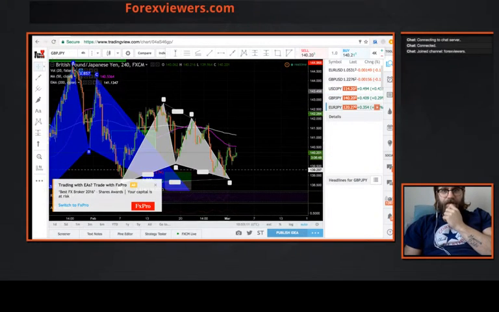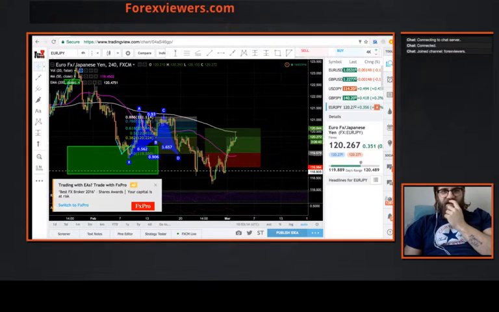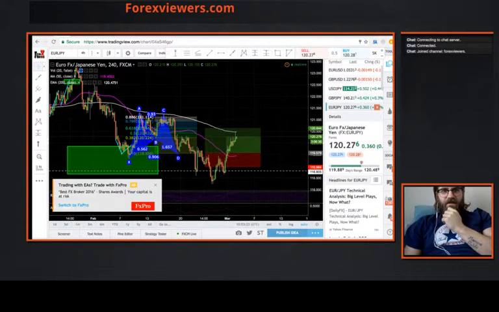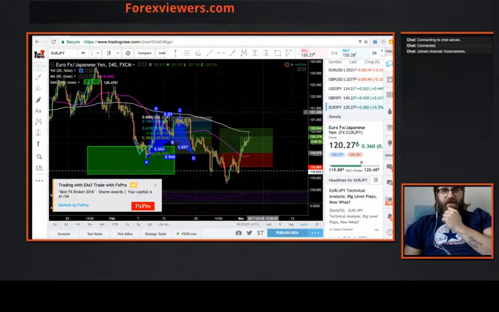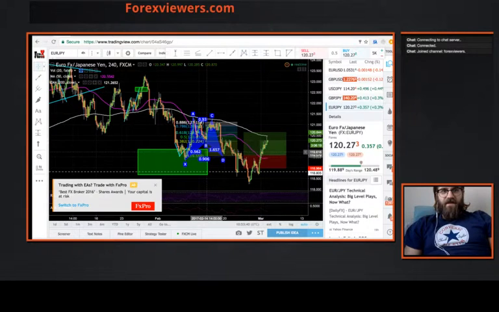Euro yen. We had a lot of patterns setting up. I would really want to short this here. You see, we're coming up to this level right here, hitting the bottom.